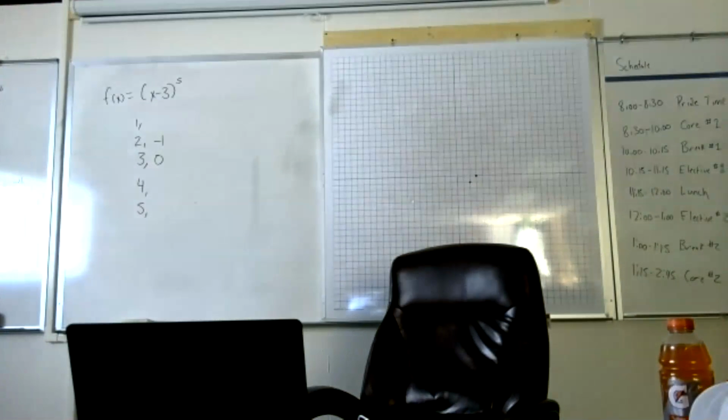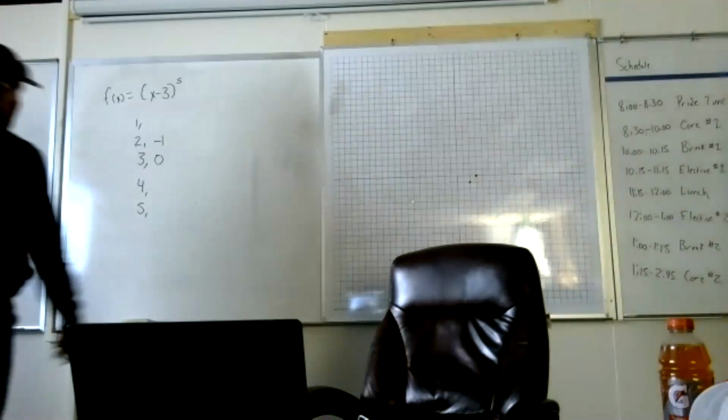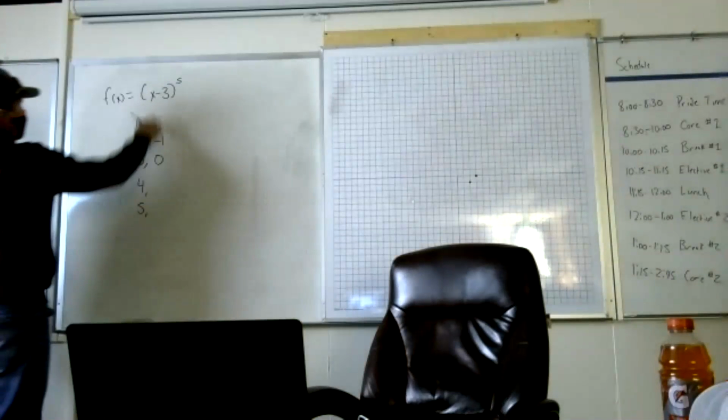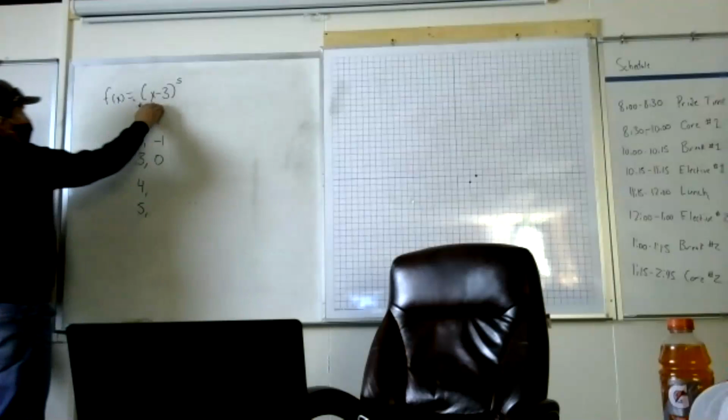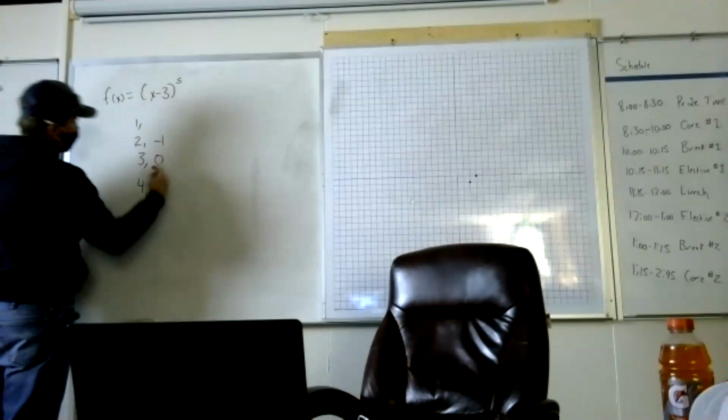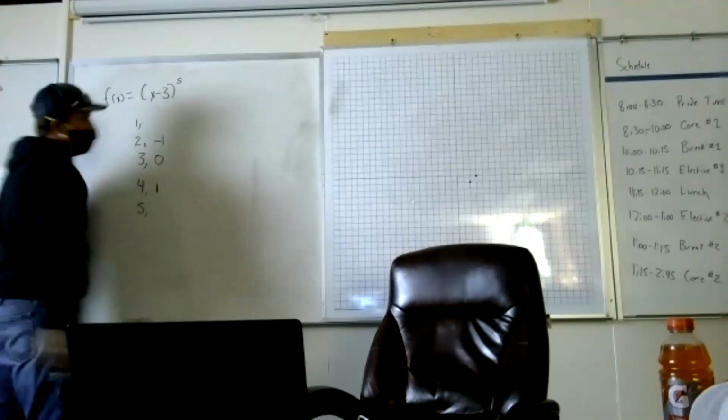So in this case, I'm multiplying negative 1 against itself 5 times, so I know I'm going to have a negative 1. Okay, when I plug in 4, 4 minus 3 is 1. 1 times itself 5 times is going to be 1.